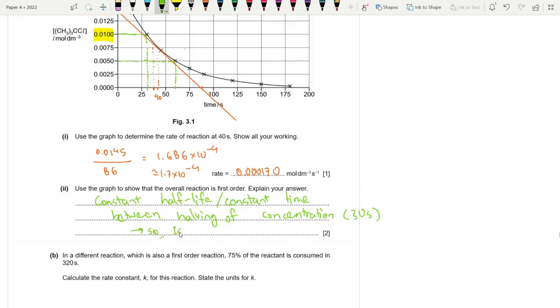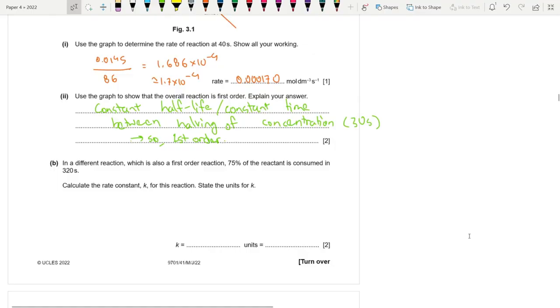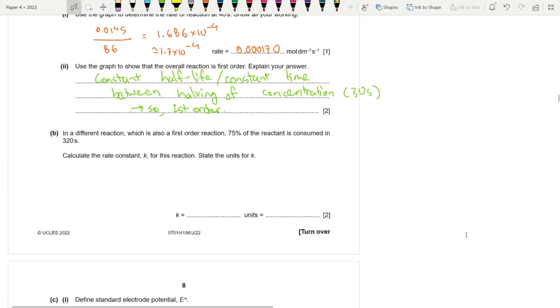So first order, that is one way to check. It differs for zero order or a second order reaction though. In one, the half-life progressively increases, and in the other it progressively decreases.